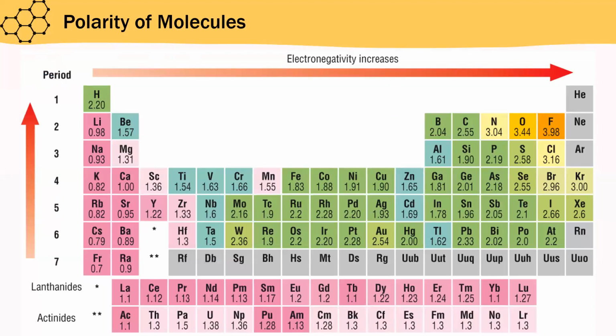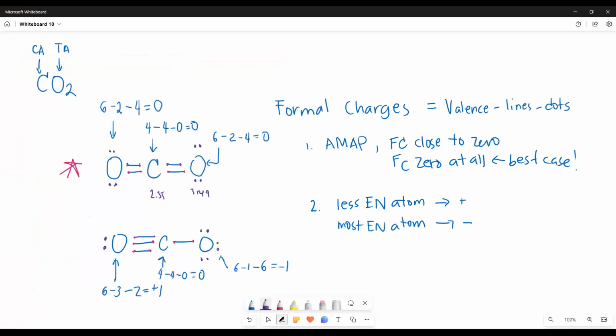If we take the electronegativity of oxygen and carbon, delta EN, you just subtract the two numbers. Again, it's always the bigger number minus the smaller number. I'm going to use my calculator. Okay, so 0.89. The difference is 0.89.